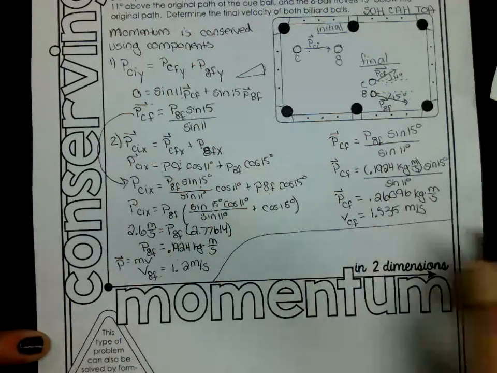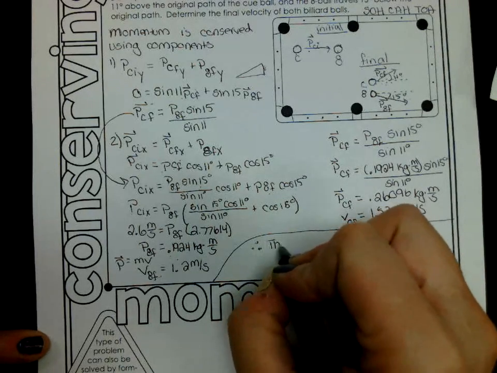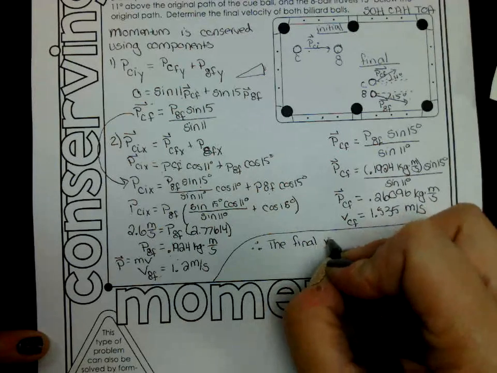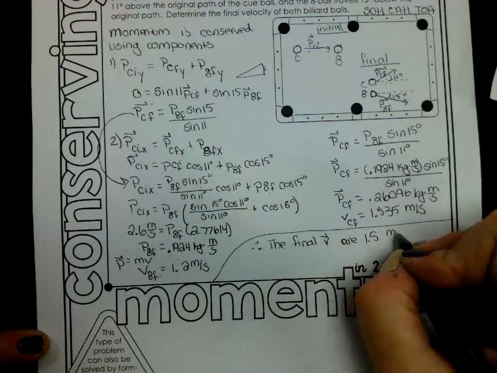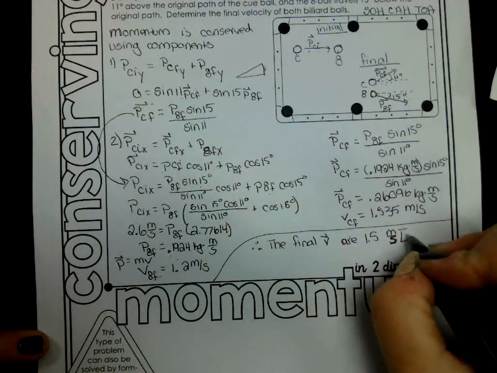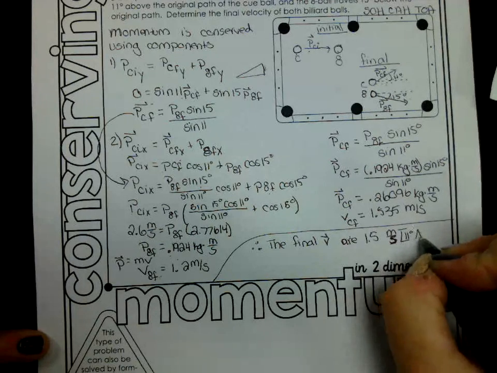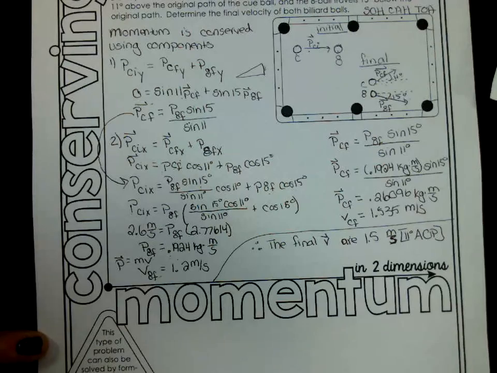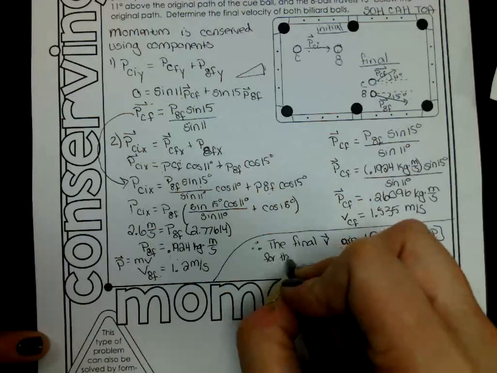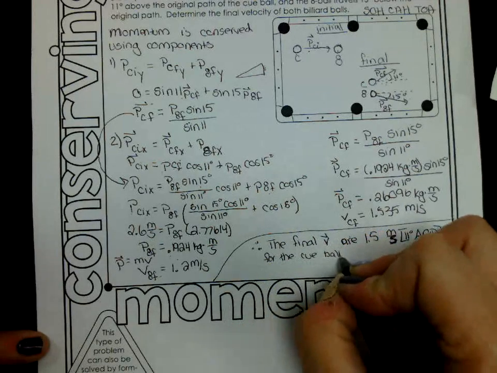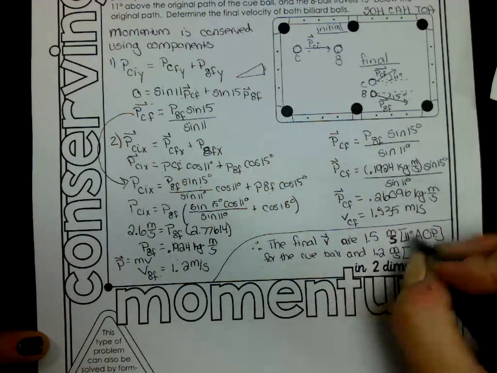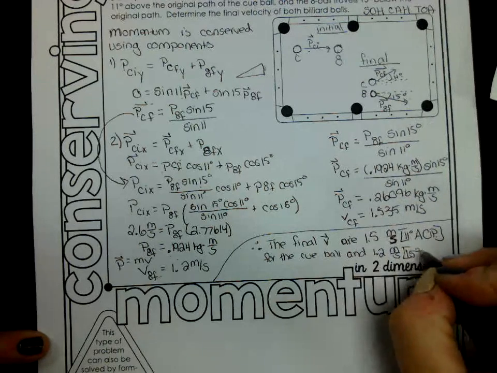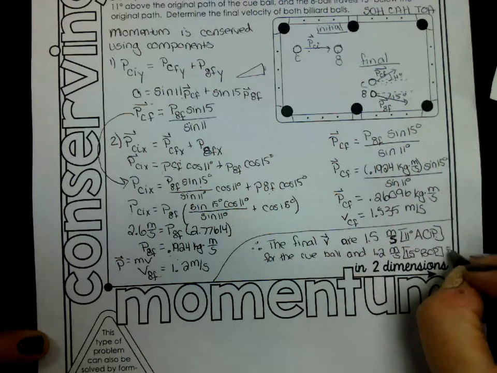I can make my big therefore statement and say, therefore, the final velocities are 1.5 meters per second, 11 degrees above the plane, or 11 degrees above the original path for the cue ball, and 1.2 meters per second, 15 degrees below the original path for the 8-ball.